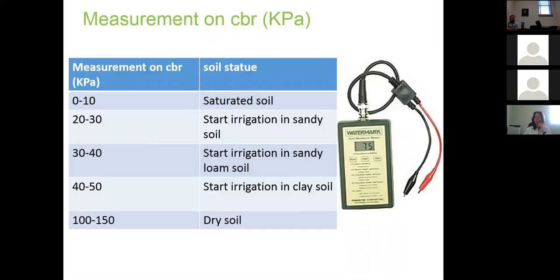From 30 to 40 centibars, start irrigation in sandy loam soil. More than 40 centibars, start irrigation in clay soil, and more than 100 centibars, that means our soil is so dry. So those measurements help us to know the soil status and to know when to start irrigation.